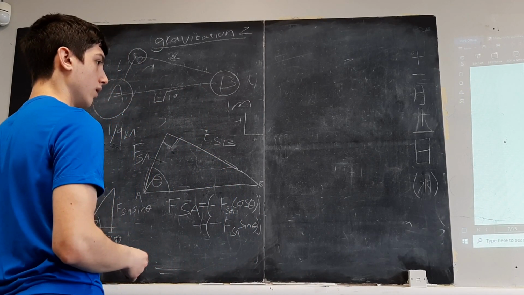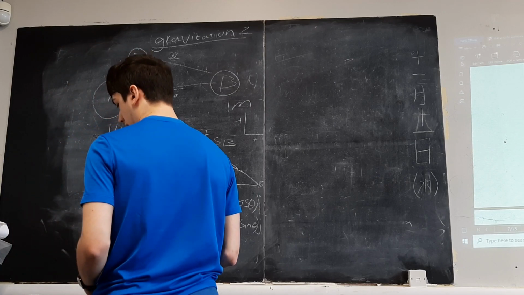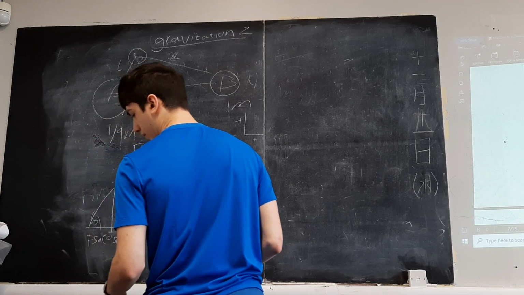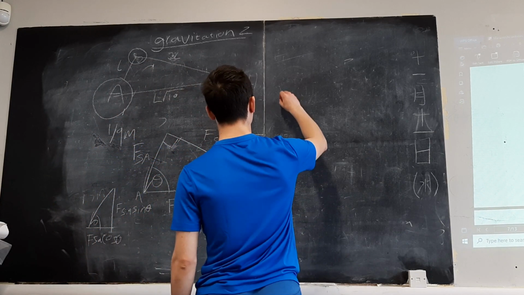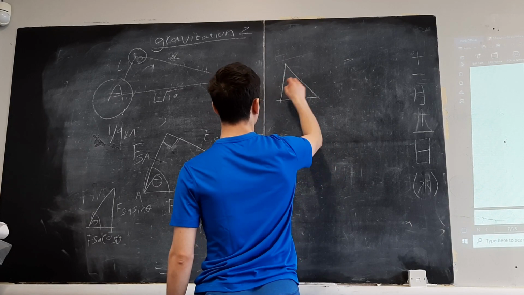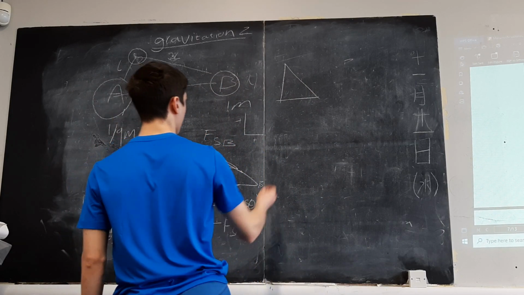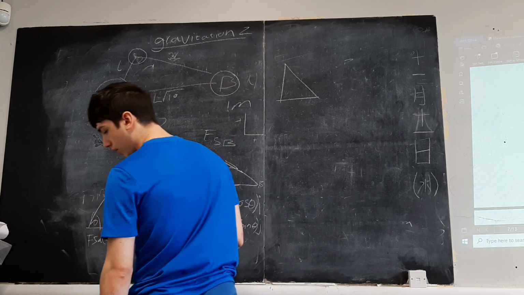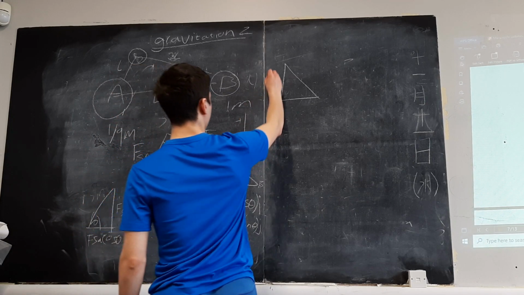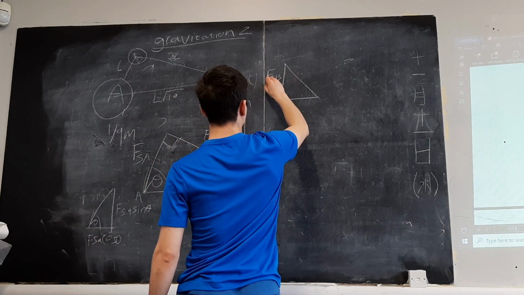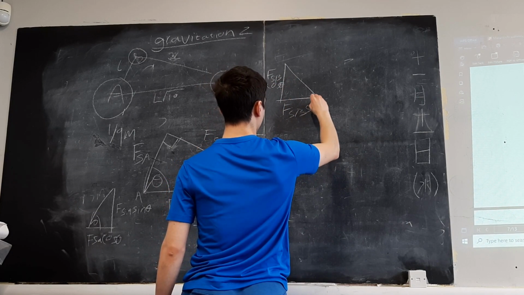And then for the other one, just for the side now, F S B cos theta and F S B sine theta.